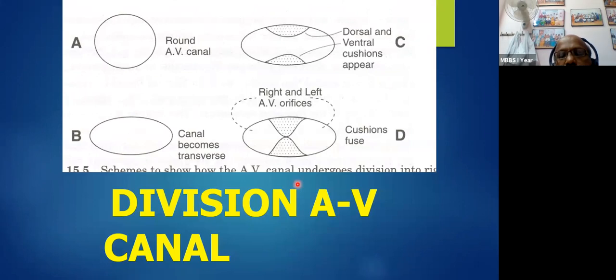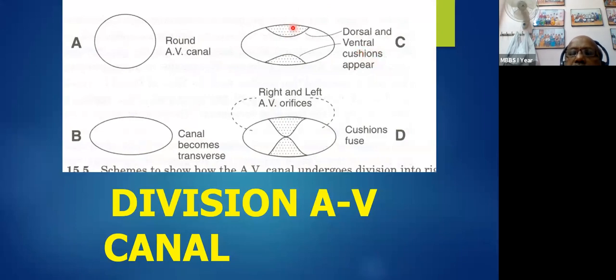Also, as I already told, your atrioventricular canal will be divided into right half and left half by the formation of the atrioventricular septum. So the name is important. This is the atrioventricular septum, or otherwise called the AV cushion.